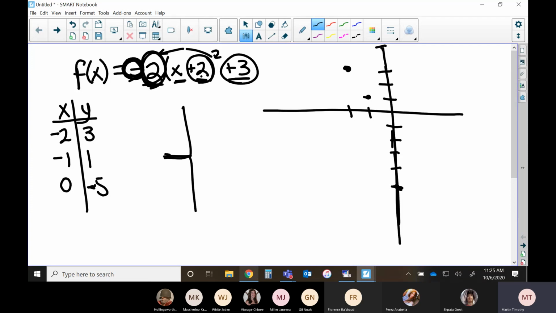You understanding? And then what do I do to finish this problem off? All I gotta do is mirror it, which would be over 1, down 2, over 2, down all the way to here. Do you notice how the y's are the same on this, and the y's are the same? I just went over this way, and then this way I went over. Do you get what I mean by that?